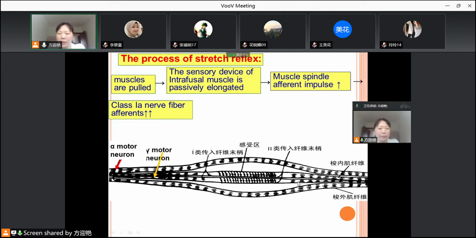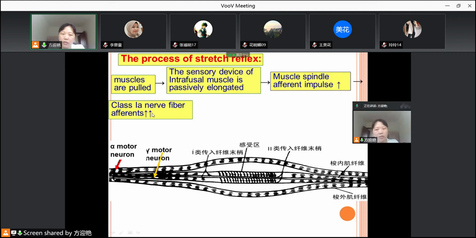If this intrafusal muscle is elongated, the muscle spindle, which is sensitive to this change, increases its impulse firing. Imagine that this muscle spindle is a receptor, so it can convert the mechanical change into electrical activity. The impulses increase, and this afferent impulse is passed by the afferent nerves, including the class 1A and also some class 2.